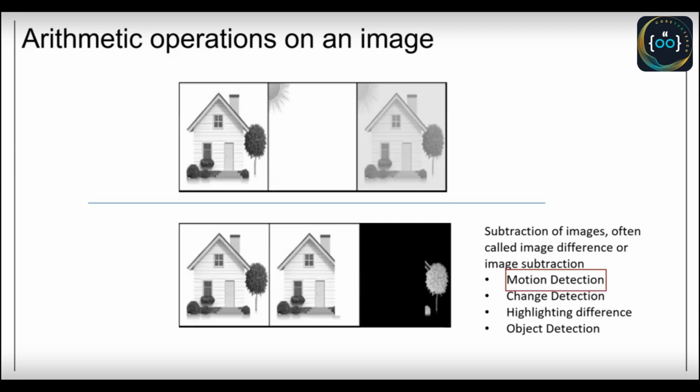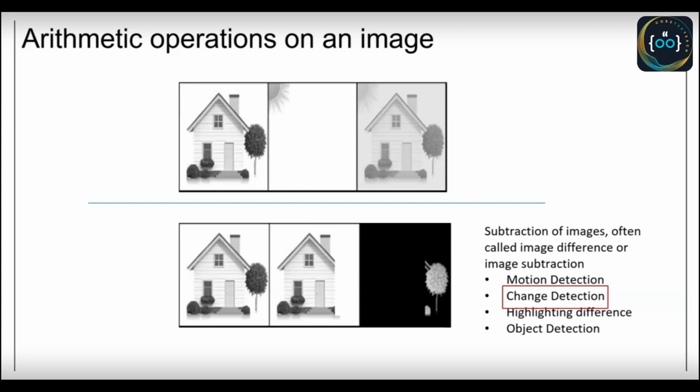There are many applications of image subtraction. By subtracting successive frames in a video, you can detect the areas of the frame that have changed, in other words, the areas of motion. This is a common technique in surveillance and security systems, as well as in video compression algorithms. In fields like remote sensing or medical imaging, image subtraction can be used to detect changes in a scene or an anatomical structure over time.